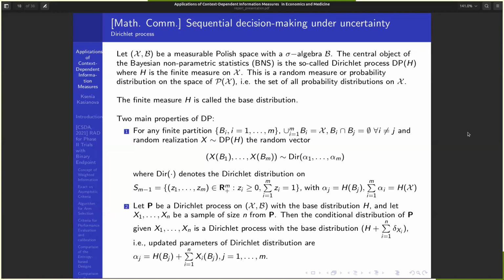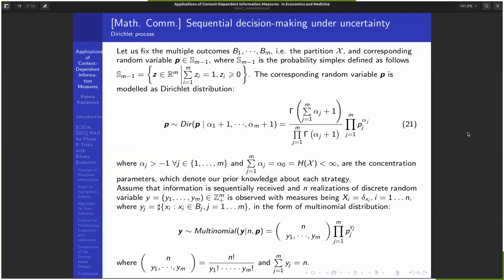And this property allows us to work again in a Bayesian setting, with Bayesian updating, usual Bayesian updating as we worked before. And we can write down the final posterior distribution for the case of multiple endpoints, which will be represented again as a Dirichlet distribution with updated parameters.